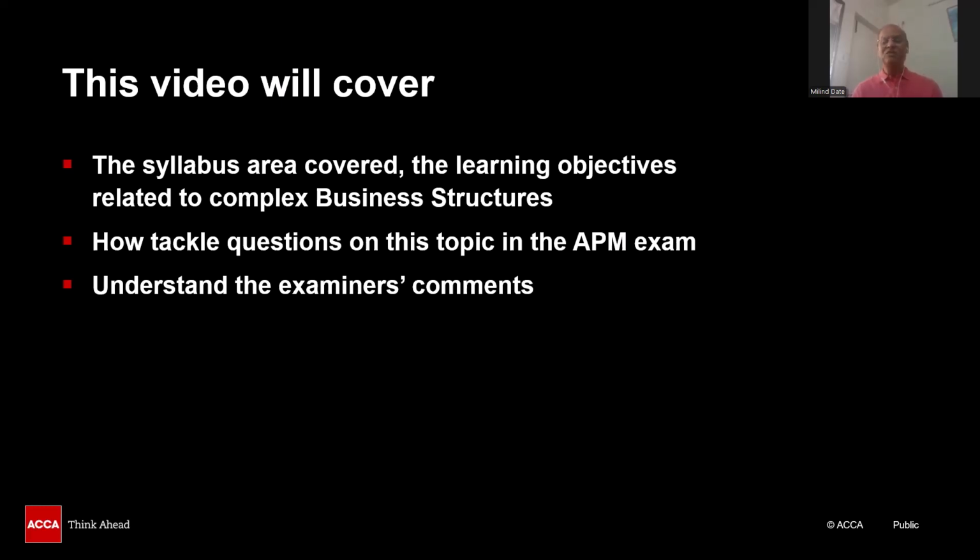The section of syllabus underpins the knowledge that is drawn from strategic planning and control, performance management, information systems, and measurement. Now, this particular part of the syllabus related, of course, to complex business structures, section D, primarily focuses on performance evaluation using various models and frameworks, and also evaluating the performance of complex business structure.